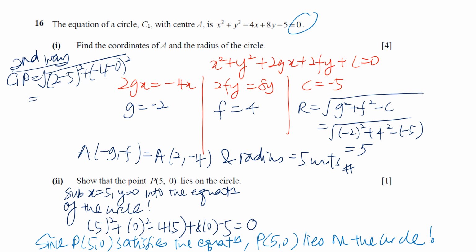And that actually gives you 5. Okay, which is equal to the radius of the circle. Then you can say therefore P lies on the circle.